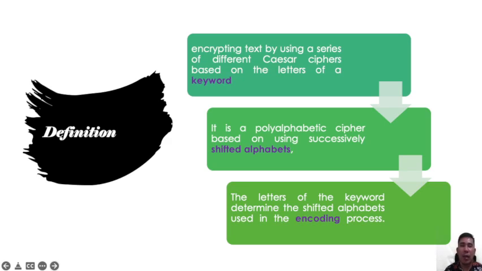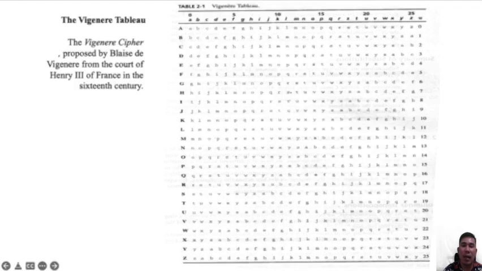If we're going to encrypt, we will be using a certain code, which is basically non-numerical. The letters of the keyword determine the shifted alphabets that are used for the encoding process. The Vigenere cipher was proposed by Blaise de Vigenere from the court of Henry the Third of France in the 16th century.